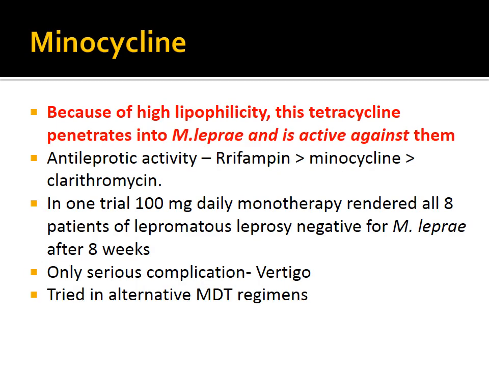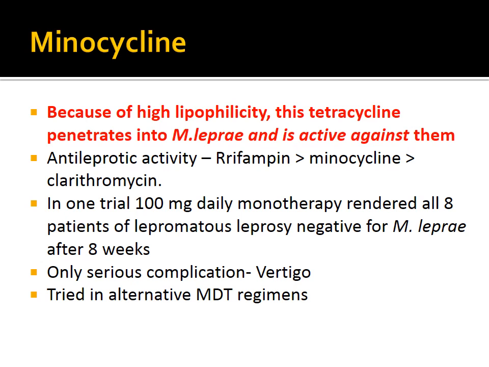Now the next group is minocycline. It belongs to the tetracyclines. As you know, tetracycline acts by inhibiting protein synthesis. So why is minocycline particularly useful in Mycobacterium leprae? Because of its high lipophilicity. What is lipophilicity? Philic means attraction, and lipo means lipid. So it has a high attraction for lipid, meaning it has high lipid solubility.